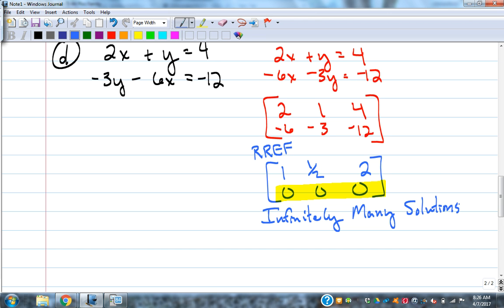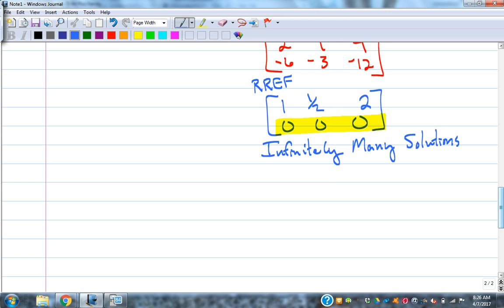But we don't stop there in college algebra. We say, okay, let's write them in ordered pair form. So what we do is pull this equation out. That tells us it's x plus 1/2 y equals 2. If we write these answers as x, then our ordered pair would be x, and then we would need to solve for y.